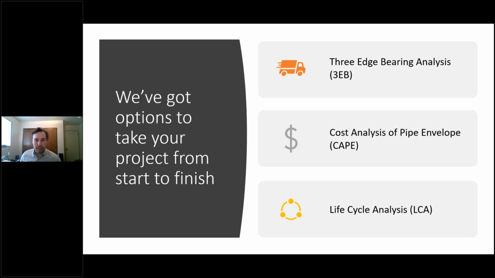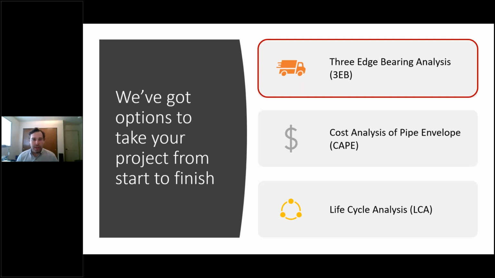And then finally, life cycle analysis is where we can take a look at future costs, maintenance costs, and some of the other costs associated over the entire lifetime of that project. So one of the things that PipePac helps us do is take a holistic approach and really identify a material's true cost over the life cycle of its design.